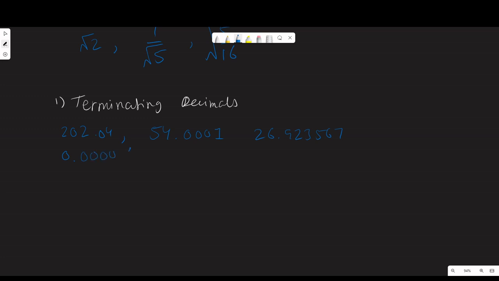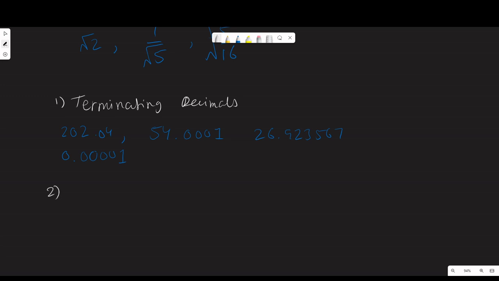Also 0.00001 is a terminating decimal. So all of these are examples of terminating decimals. Now, since a terminating decimal can be converted into a common fraction, and I'll get to that in a moment, every terminating decimal represents a rational number.